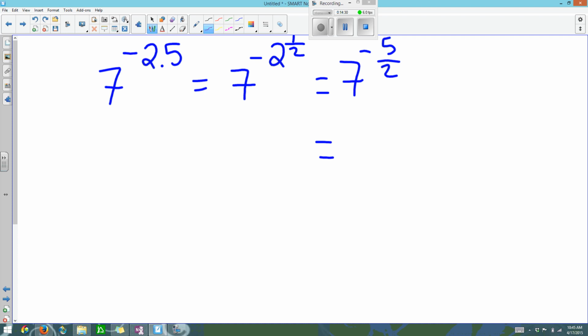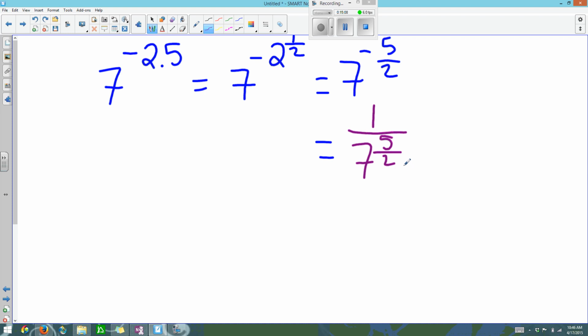So I would have 1/7, and I'll change my exponent now to positive. And actually, let me just change this real quick because my 5 didn't come out that well. So 7 to the 5/2. Okay? So whenever you have a negative exponent, in a sense, you'll have to flip it. So it'll be 1 over this expression, but then your exponent turns to positive instead of negative. Okay?